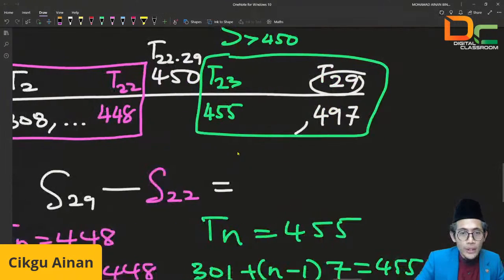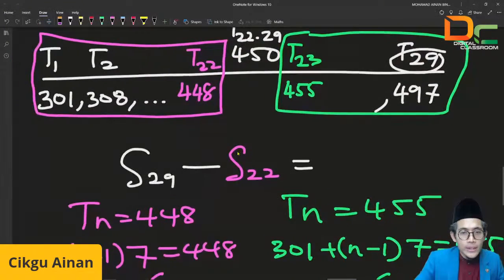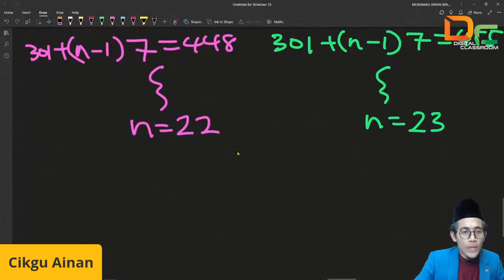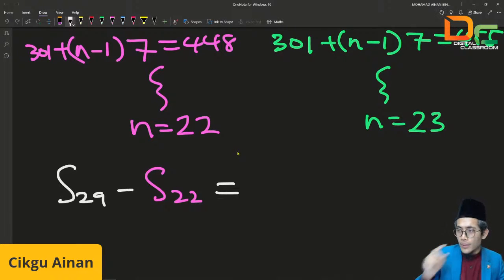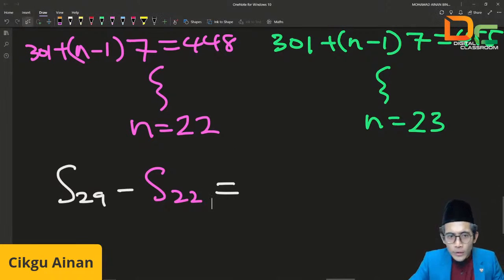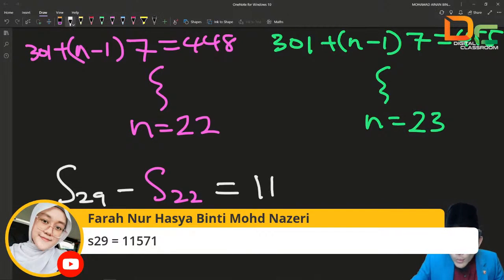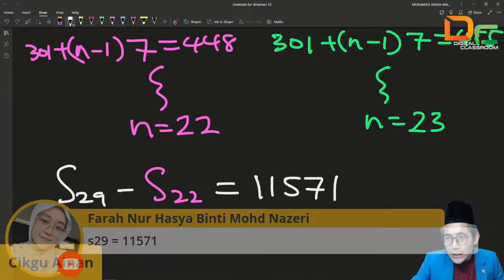Okay, so maybe some of you can calculate, yeah? S29 minus S22. I write over here. S29 minus S22. Okay? Equals berapa? S29, okay, dah dapat dah. Thank you. 11571. Yang lain tak payahlah kira yang itu.